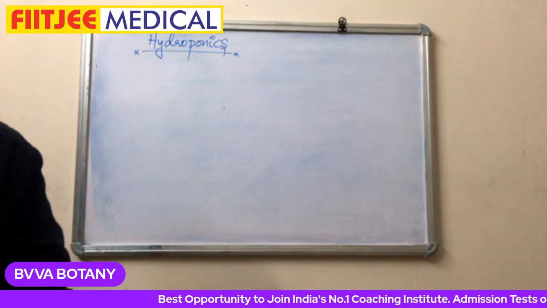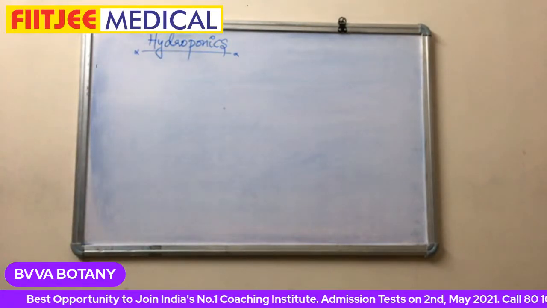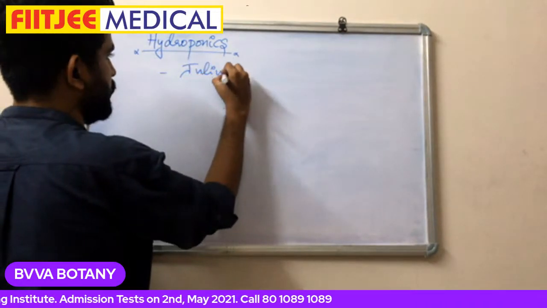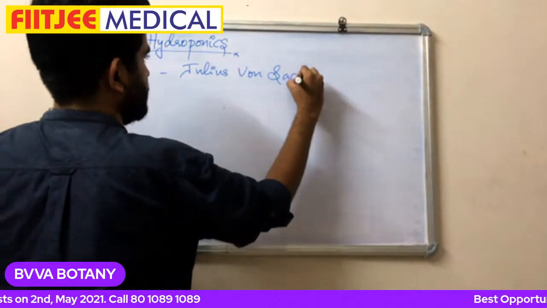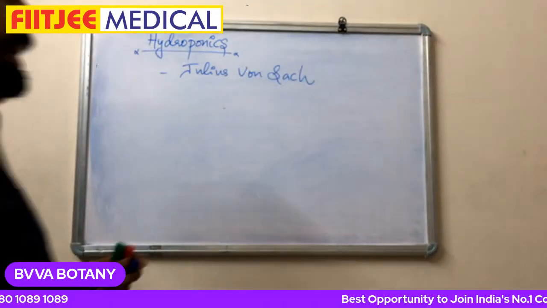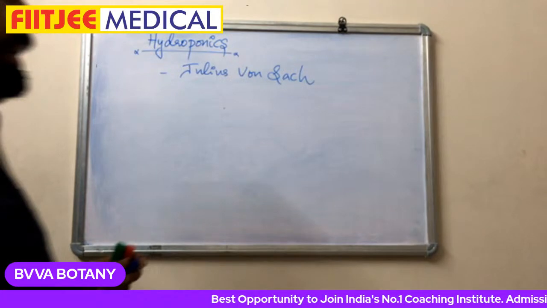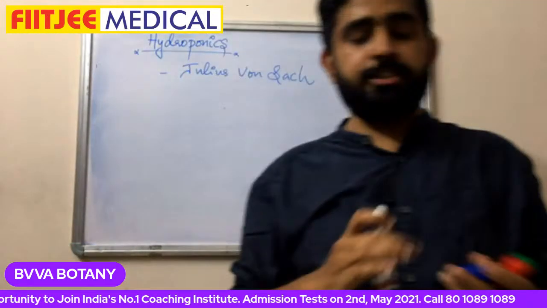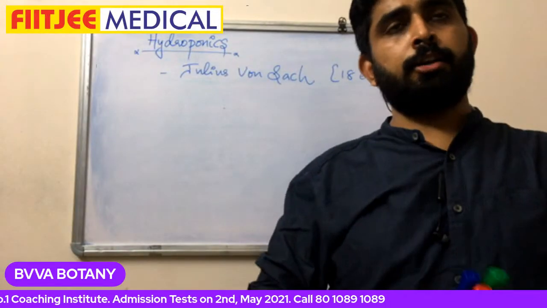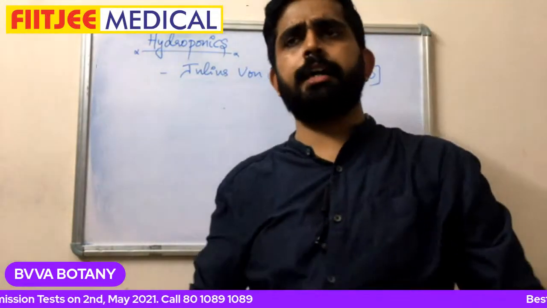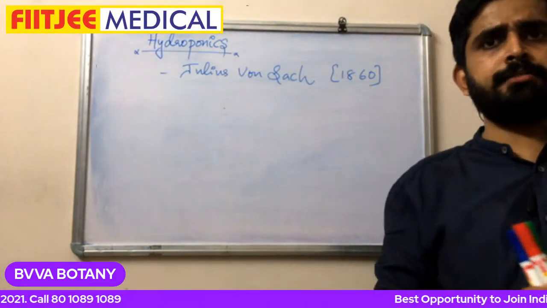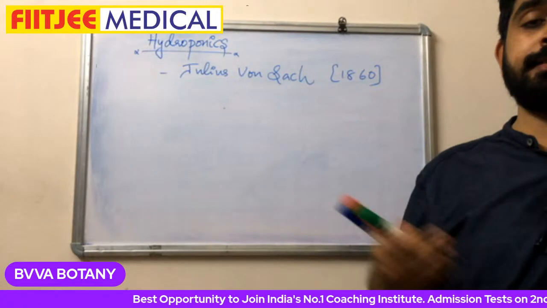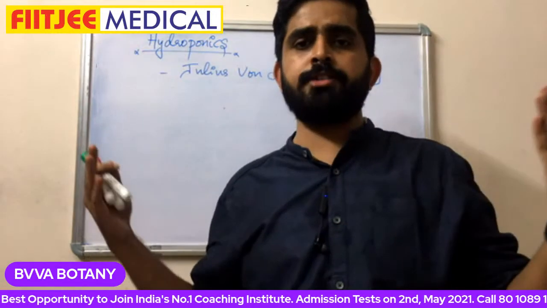Hydroponics. It was given by the scientist Julius von Sachs in the year 1860. If you look into history, Aristotle, around the 13th century, said something which you may feel is rubbish: that plants are made completely of soil, and it is the soil which later decides whether it forms a branch, flowers, or fruits.